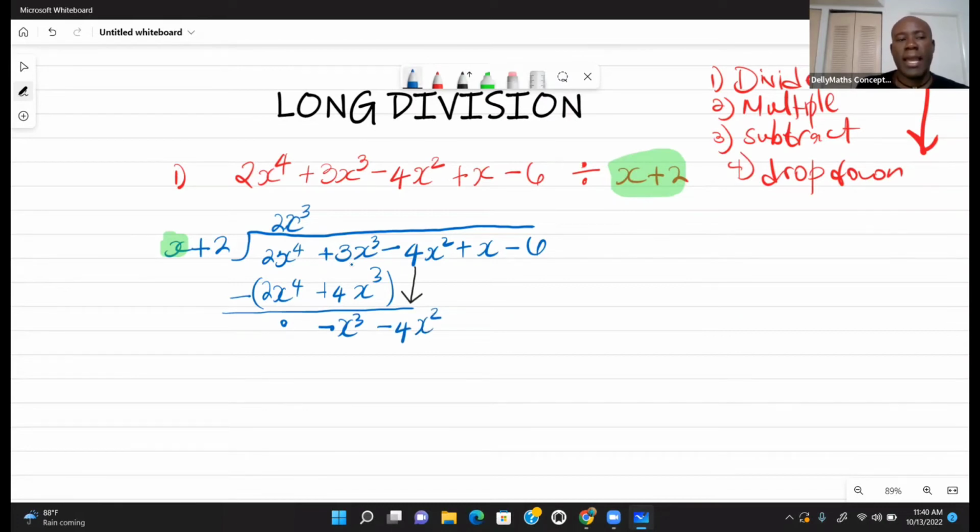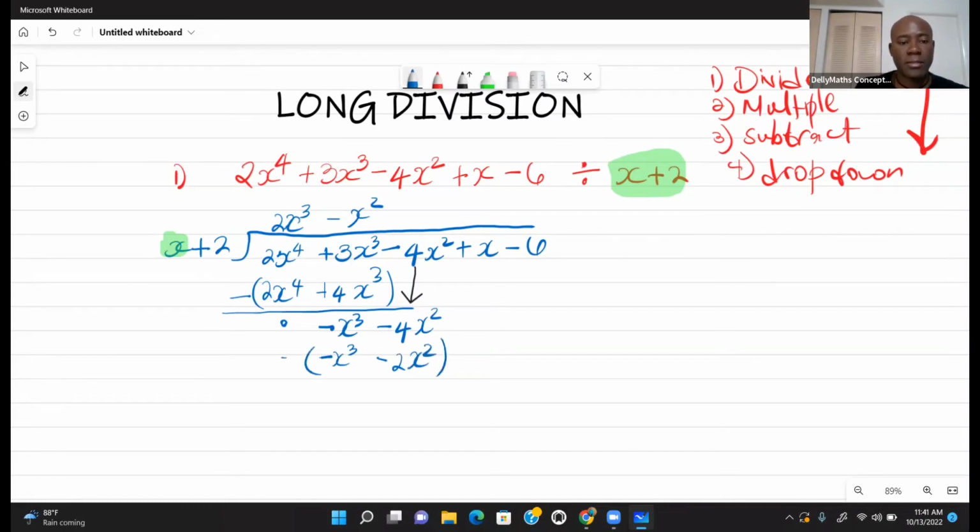Then the process begins again. I'm going to divide x into negative x to the third, which will give us negative x to the second. Then we multiply negative x to the second times x plus 2. We get negative x to the third, and then negative 2x squared.